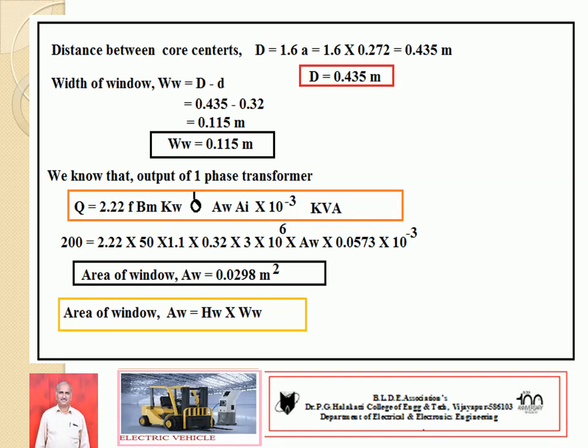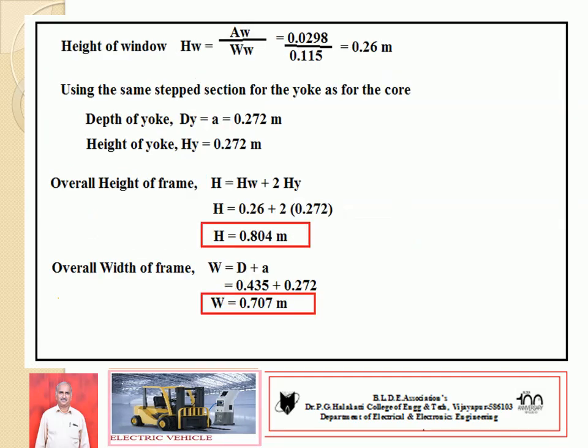This area of window is also equal to the multiplication of Hw into Ww, height of window and width of window. Then height of window should be equal to area of window divided by width of window. You can calculate the height of window.